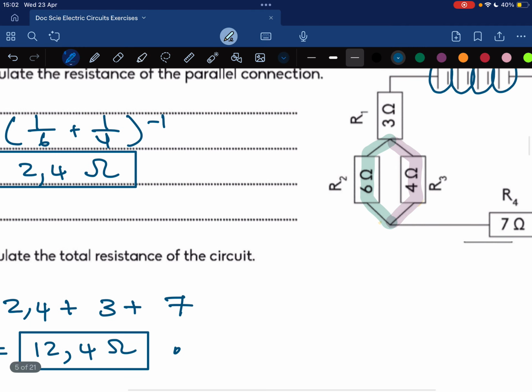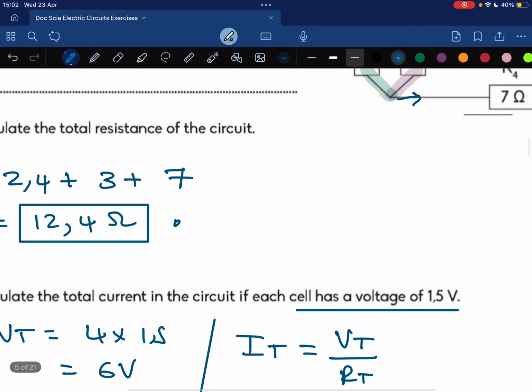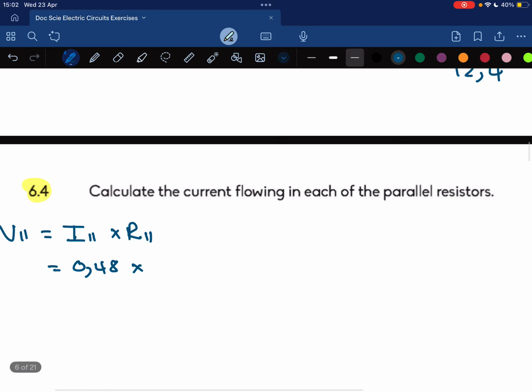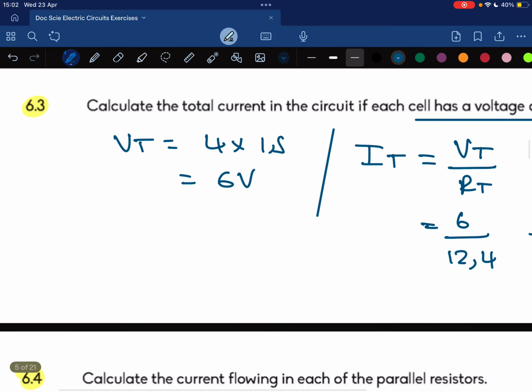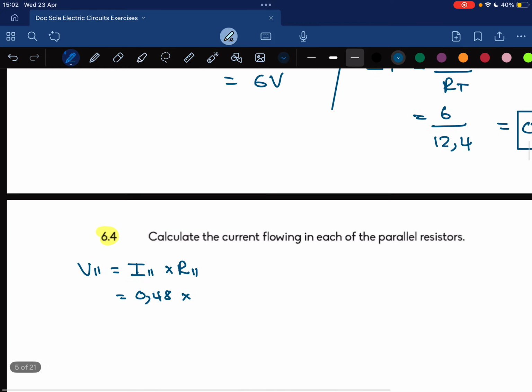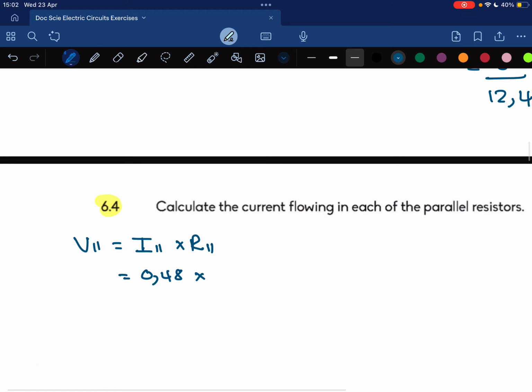So although it splits, the current that goes into the parallel and out of the parallel is still going to be 0.48. Then the total resistance there, we worked out to be 2.4. So then you'll just put it on your calculator and you'll get 1.15 volts.